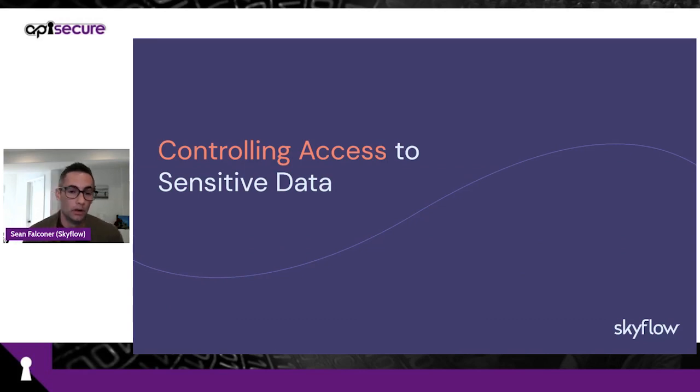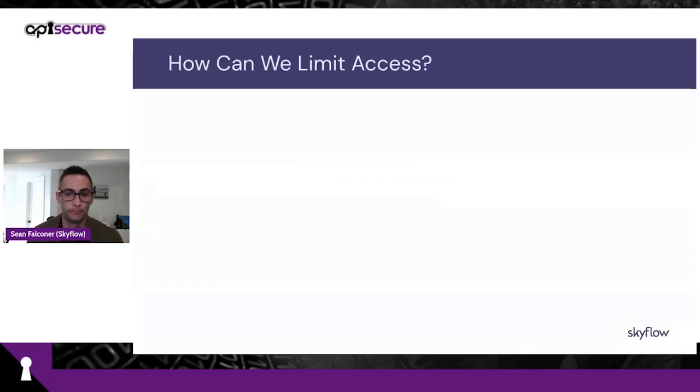All right, so one of the really important things when we are storing sensitive data is how do we control access to it? So we want to lock it up, but we don't want to throw away the key. And we only want to give certain people access via the key, but we also only want to let them access certain information. So how can we do that in a secure way?